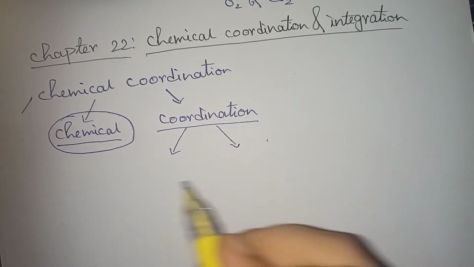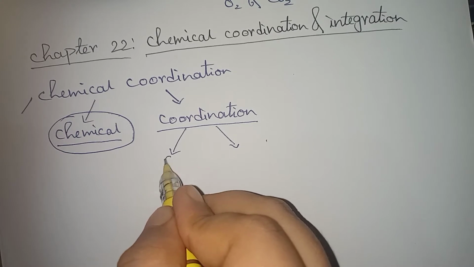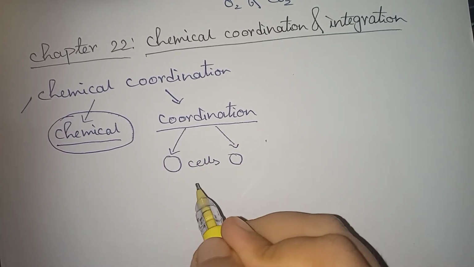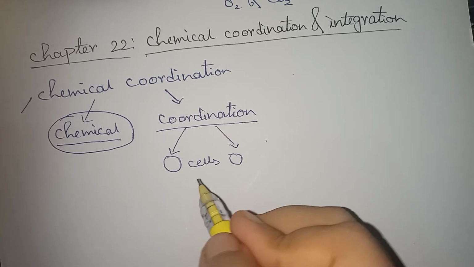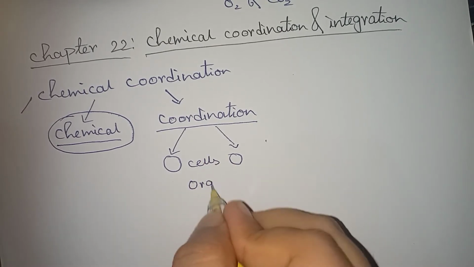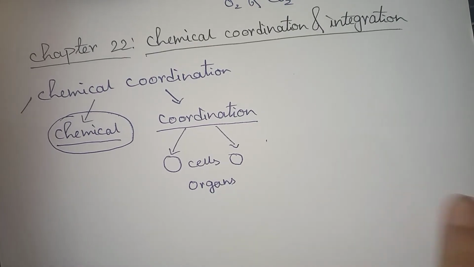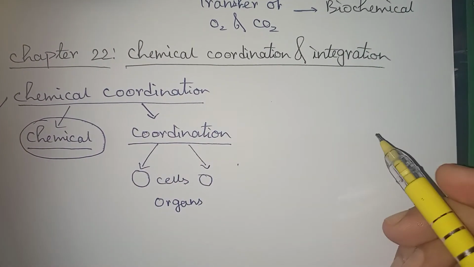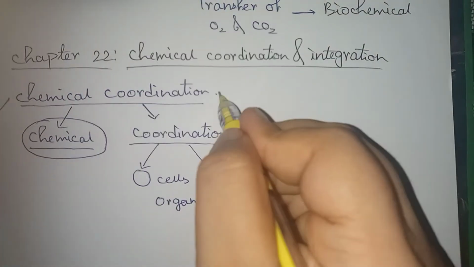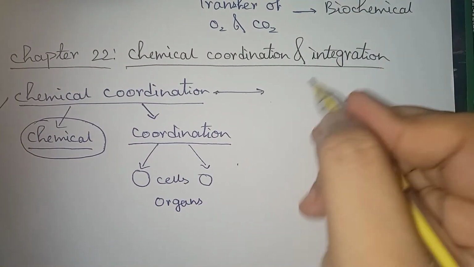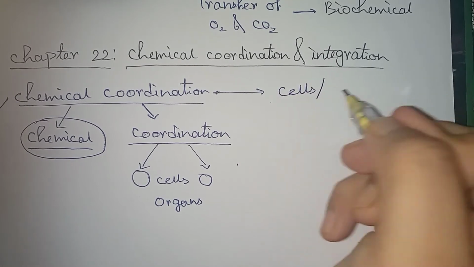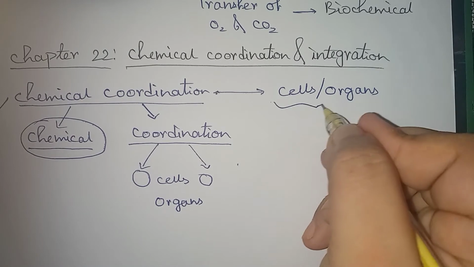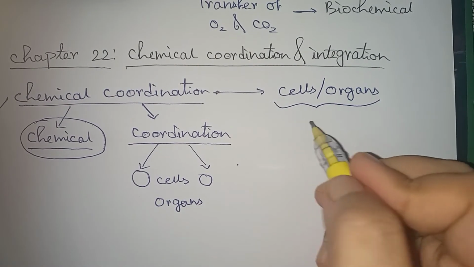Here in the human body, it means coordination between two cells or different organs. So the definition of chemical coordination is: it is a coordination present between the cells or different organs within the body.